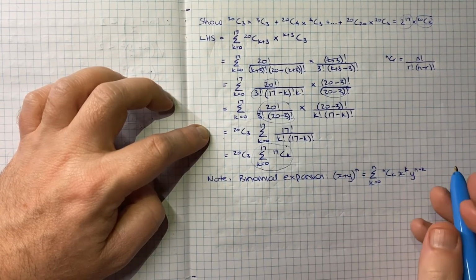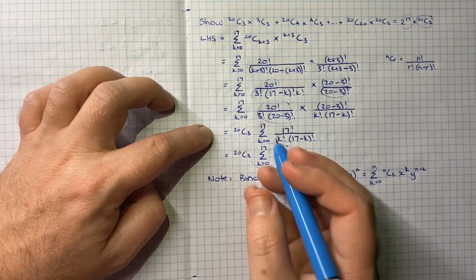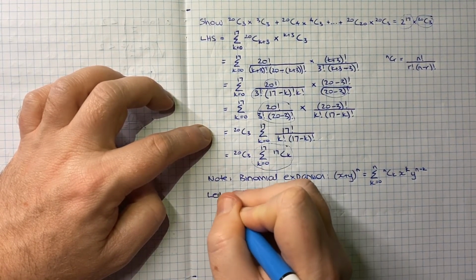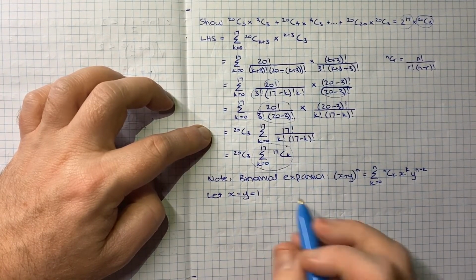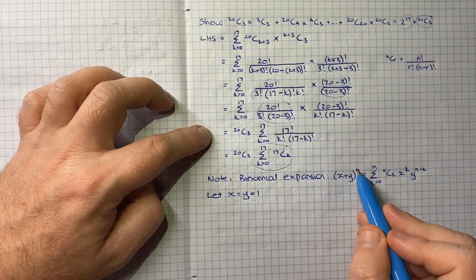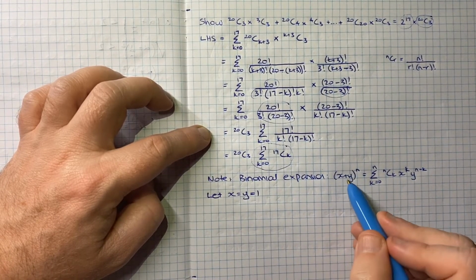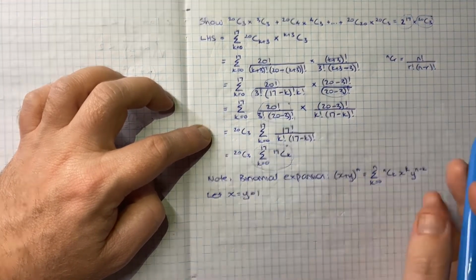And sometimes you can flip around the order of the x and y and what the exponents are. But for our purpose, that order doesn't really matter, because what we're going to do is let x be equal to y be equal to 1. And the reason that's helpful is because we're going to end up with (1 plus 1) to the power of n, or in other words, 2 to the power of n, and we want 2 to the power of something, so this is really going to help us.